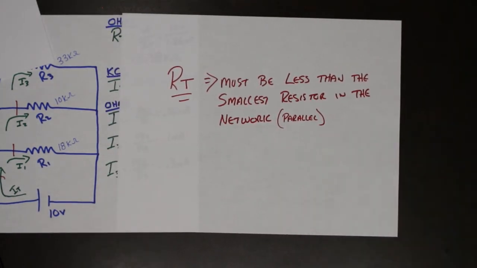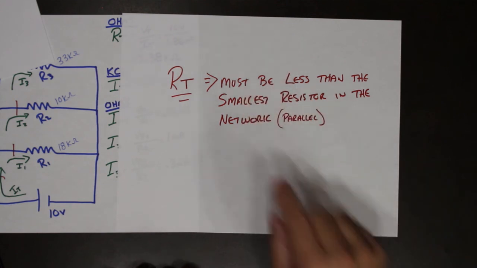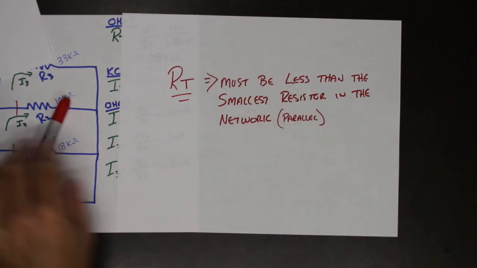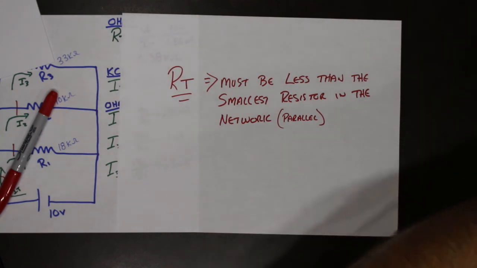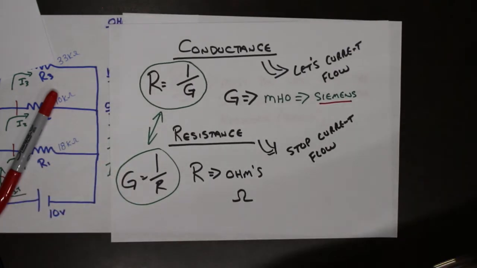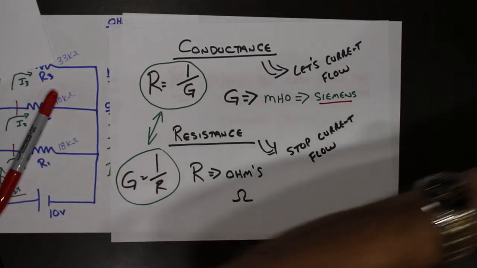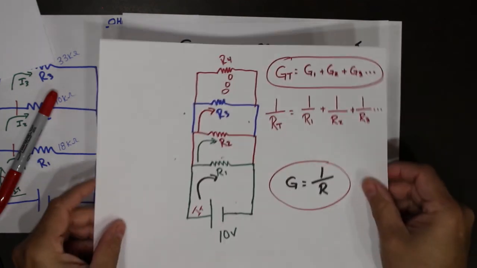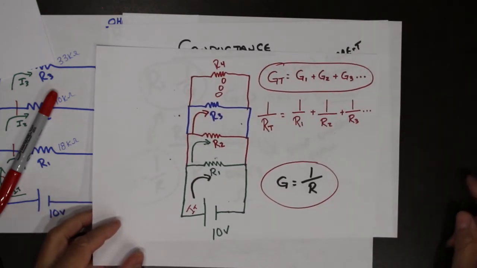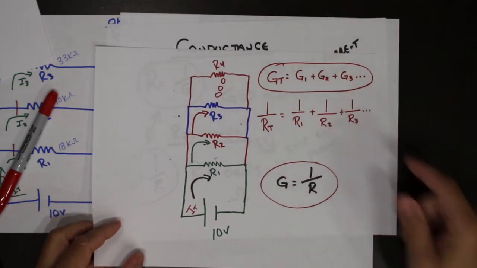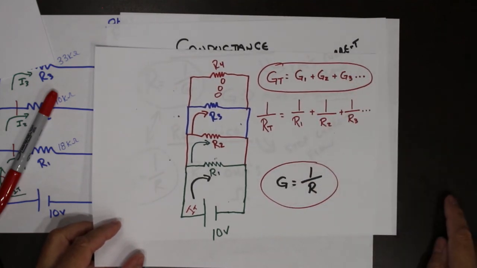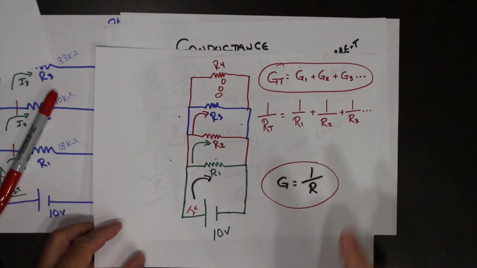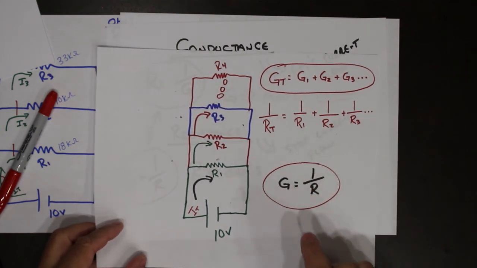If we looked at all the cases that we've done, that would be true. That is because, if we go back to this, with every resistor we add, the conductance goes up. Therefore, the resistance must go down.